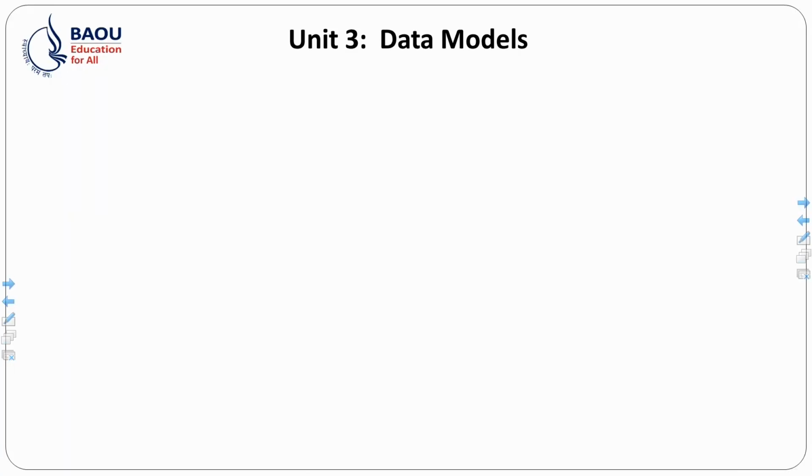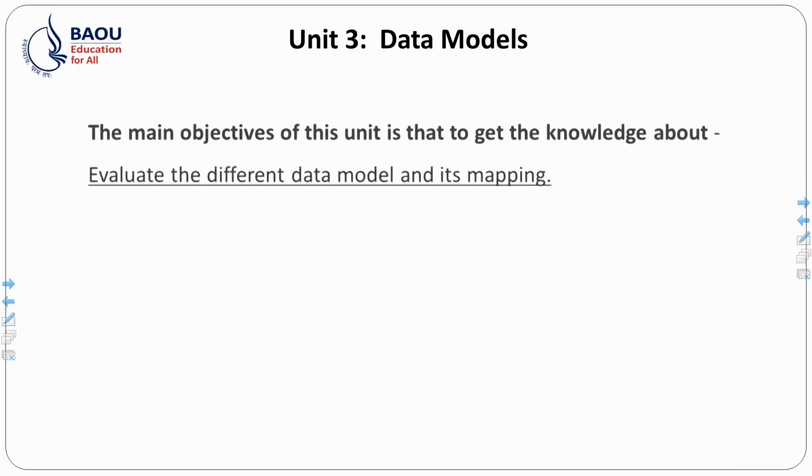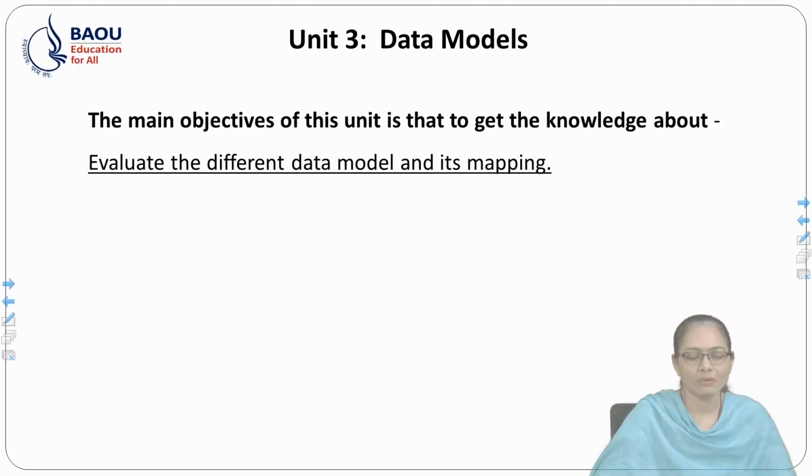Now, in today's session, we are going to start with Block 1, Unit 3, which is the data model. The main objective of this unit is to get knowledge about evaluating the different data models and their mapping.